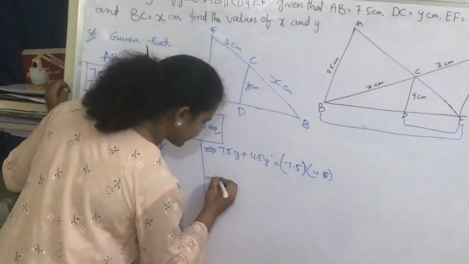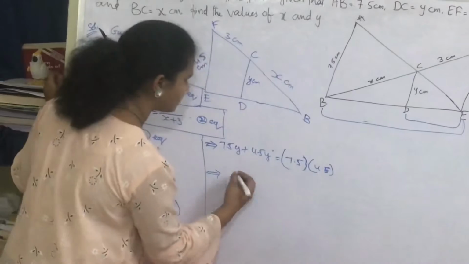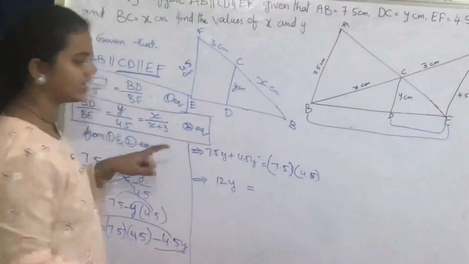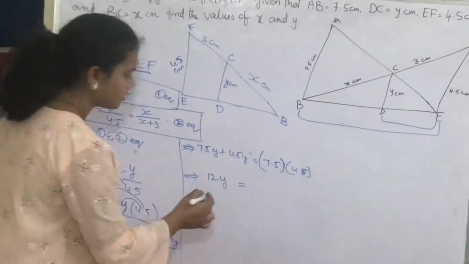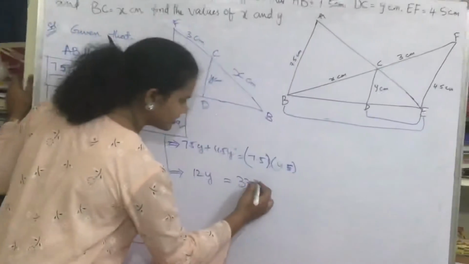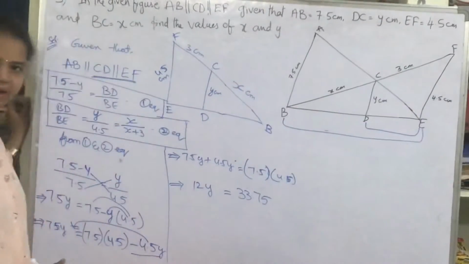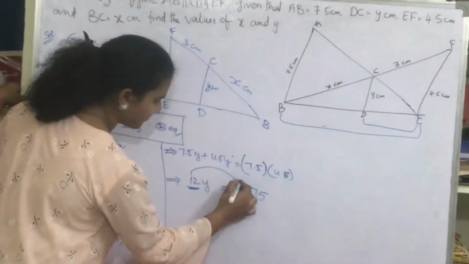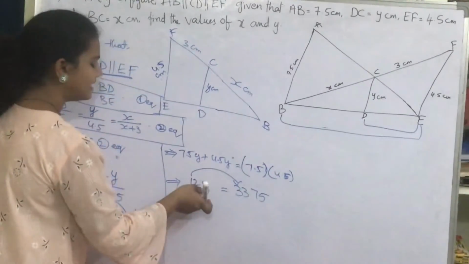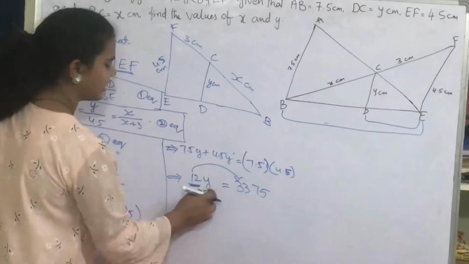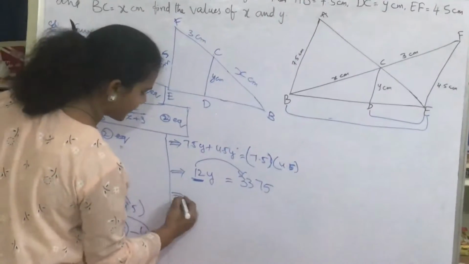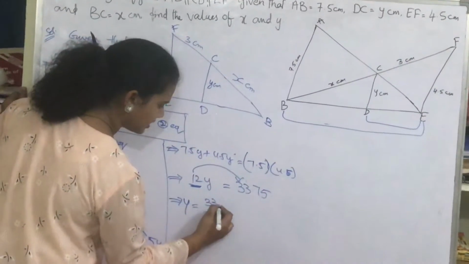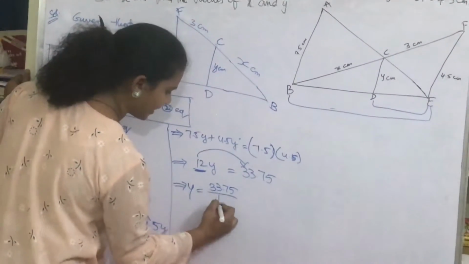Now let's go for the next step: 12y equals to 7.5 into 4.5 gives 33.75, right? I need to find the value of y, so just transpose this 12 to the other side. Here 12 is getting multiplied, transposed to the other side, it turns into division. So y equals to 33.75 by 12.